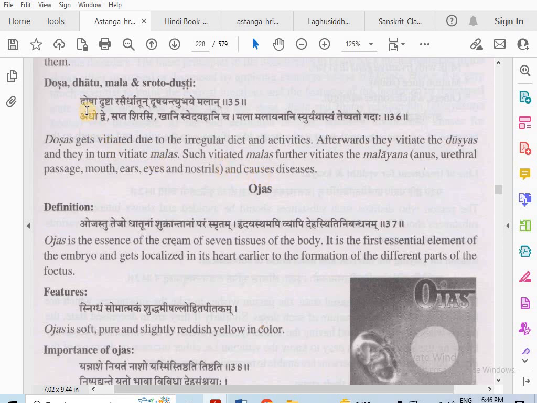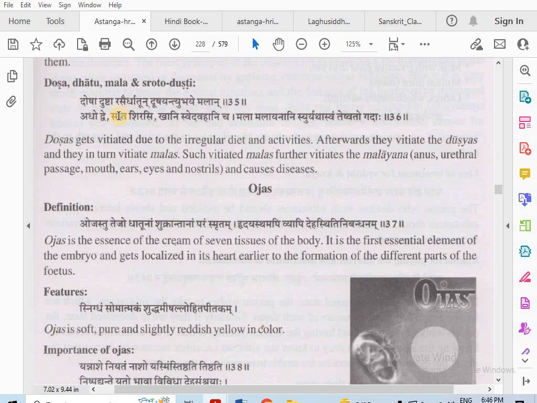So here you read the first word, dosha dushta. Dushta means gets spoiled or vitiated. Doshas get vitiated by what? By rasair dhatun. Rasaihi, visarga is there. That visarga changed to ra. So the actual word is rasaihi, by many rasas.